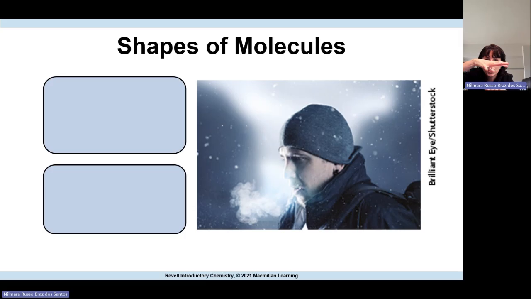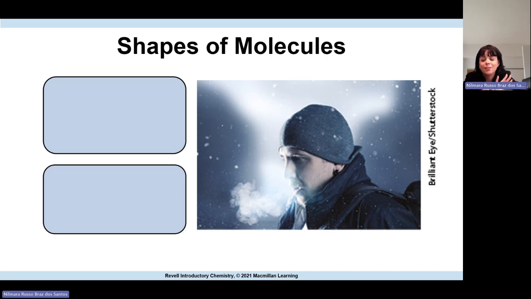So if I have a charge over here, like a non-bonding electron pair, and we have atoms over here, what can happen? This will repel this, forming a bend. If I don't have any pair of electrons around my central element, it will not repel that. But those atoms over here will repel each other.